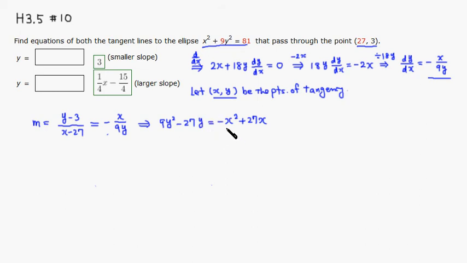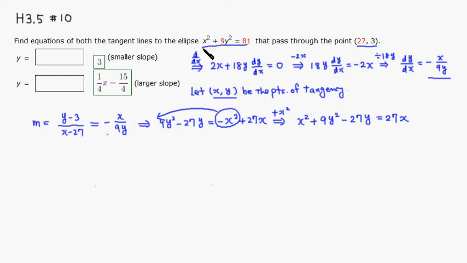Then I'm going to move this term to the other side, adding x squared to both sides. We have x squared plus 9y squared minus 27y is equal to 27x.